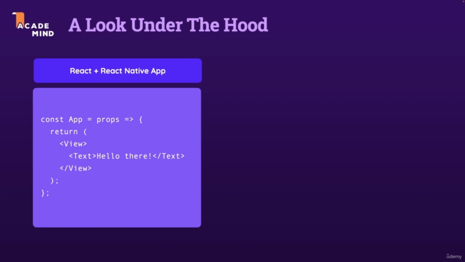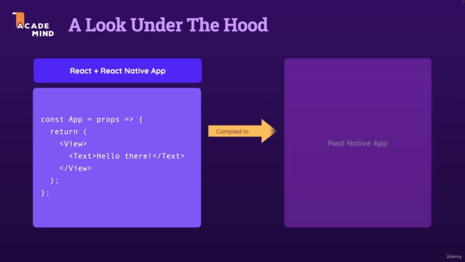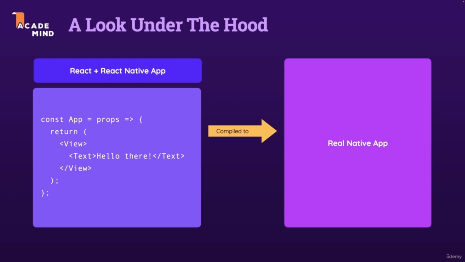And it's just one way of writing such a component. We could also use the function keyword instead of defining an arrow function, and we could also use a class-based component. But it's code like this which you will write for React Native, and it's code like this that will be compiled to real native app code, so which will be bundled into a real native app in the end.